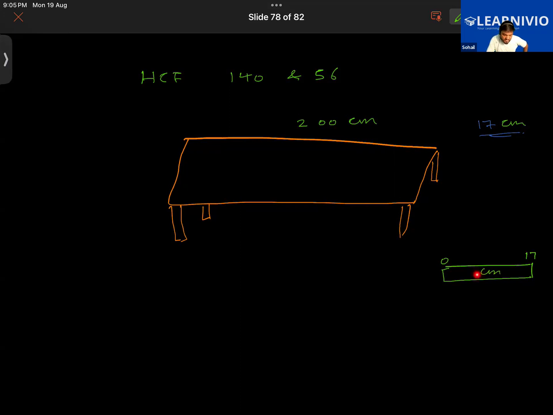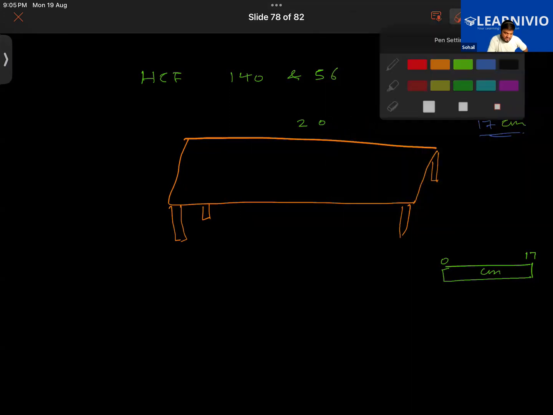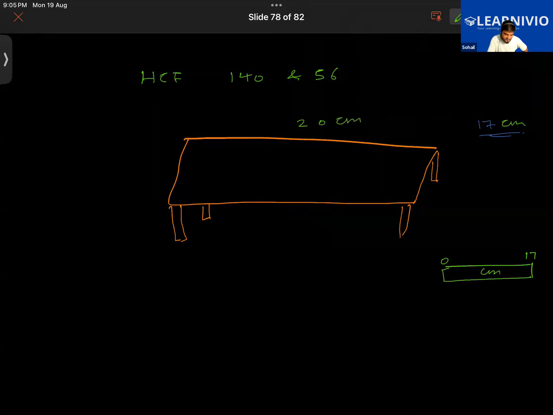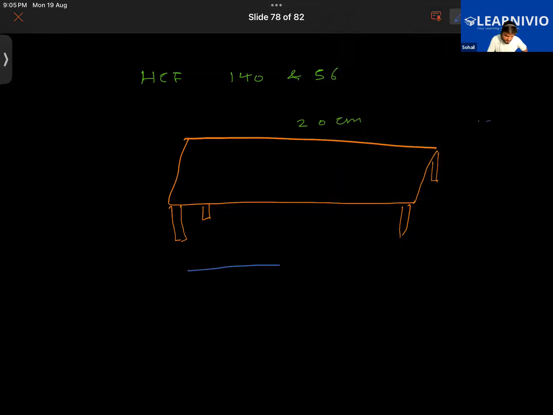Now, will it be convenient, or will the whole length be utilized while measuring this? Will the whole length of this scale be utilized in order to measure the edge? No. Actually, no. Let us take a smaller value if you're getting confused in this. Let us say that it measures 20 centimeter, and side by side I'm drawing the scale also, and say this scale is only having measurement up to 17 centimeter.